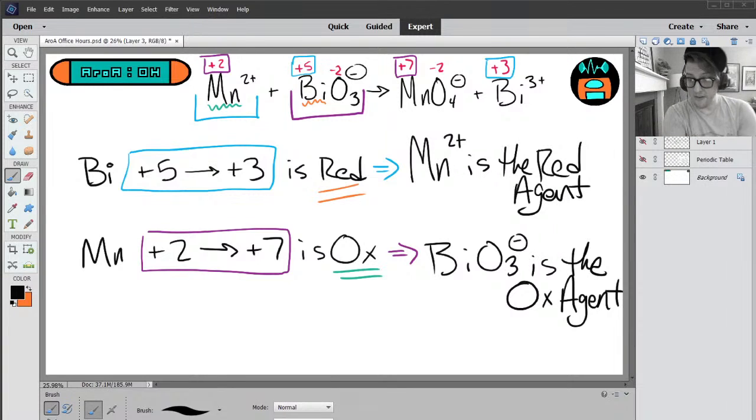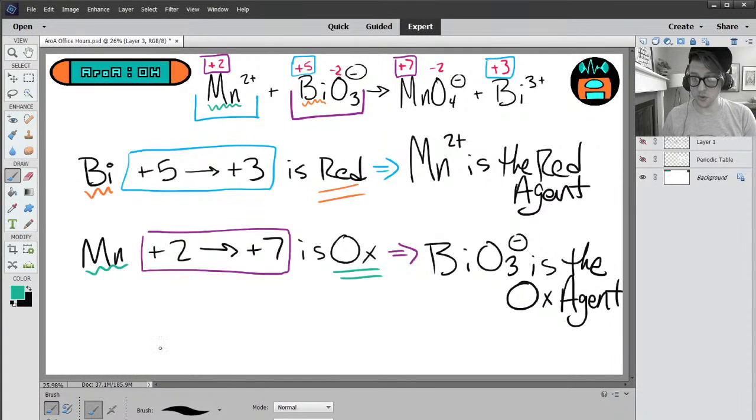You'll notice that the element that is reduced, bismuth, is inside the oxidizing agent, and the element that is oxidized is inside the reducing agent. That will be true every time. They flip identities. Totally, that is a great observation. So that's one of the skills that you need.